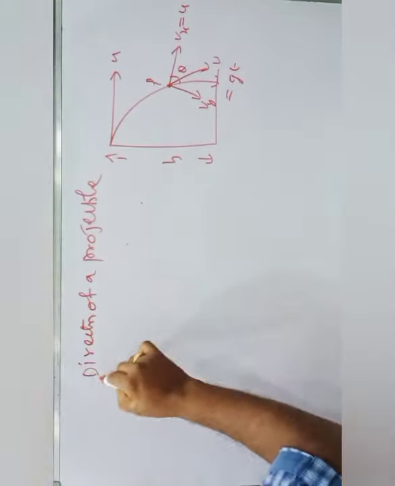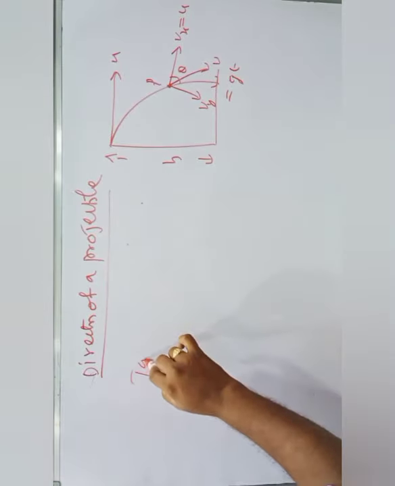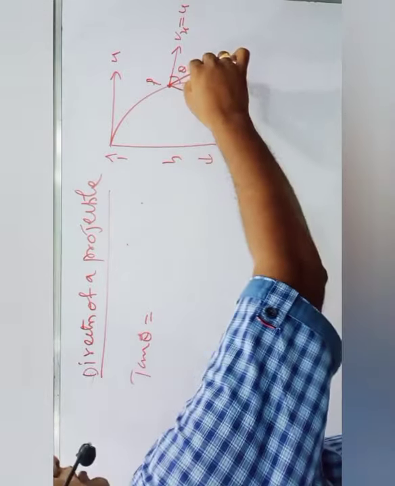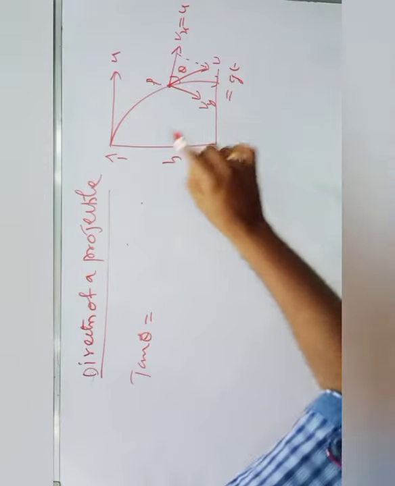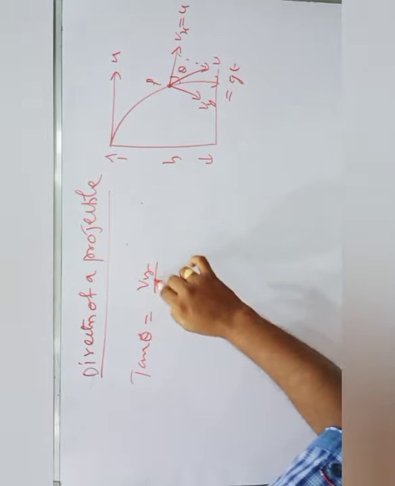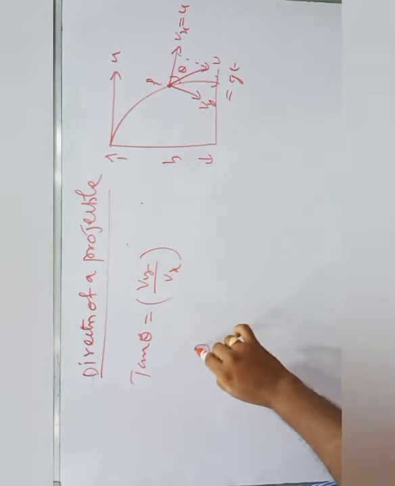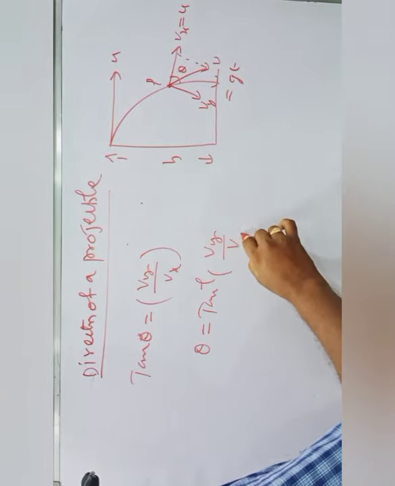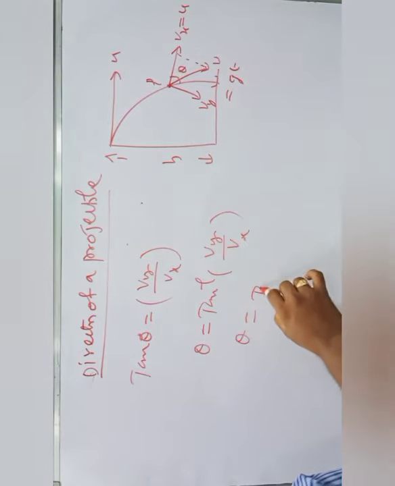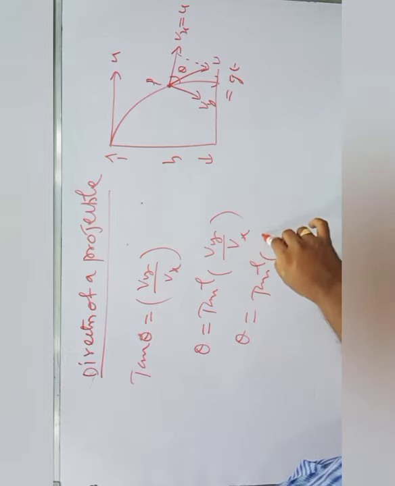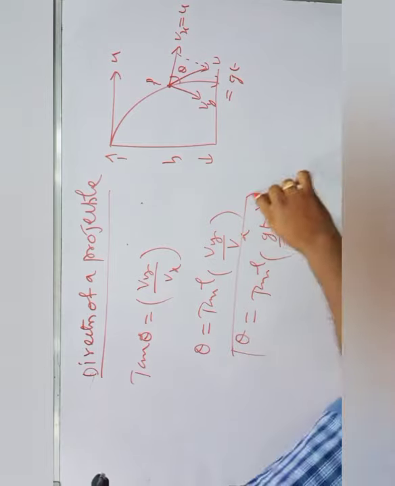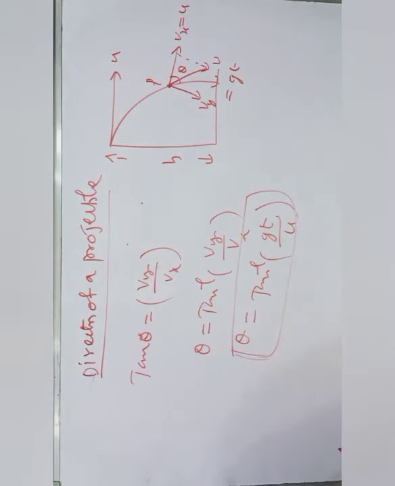Now the direction of the projectile can be written as tan theta is equal to Vy by Vx, as this is a right angle triangle. Theta is equal to tan inverse of Vy by Vx, so theta is equal to tan inverse of gt by u. This equation gives the direction of a projectile.